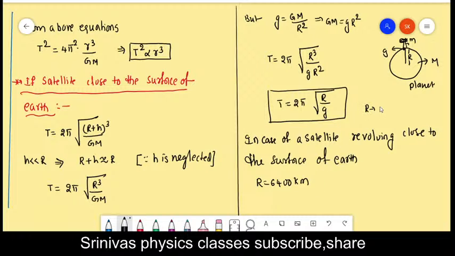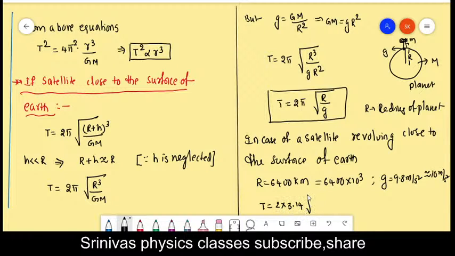R is the radius of the planet, not the satellite. So 6,400 kilometers in case of Earth, into 10 to the power of 3 meters. g is 9.8 meters per second squared, but for convenience and easy simplification I will take it as 10 meters per second squared. Substituting the values, the time period is 2 into pi value 3.14 under root of R by g. R is 6,400 into 10 to the power of 3 by g value 10.